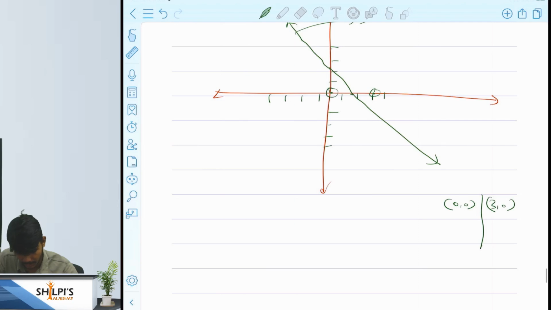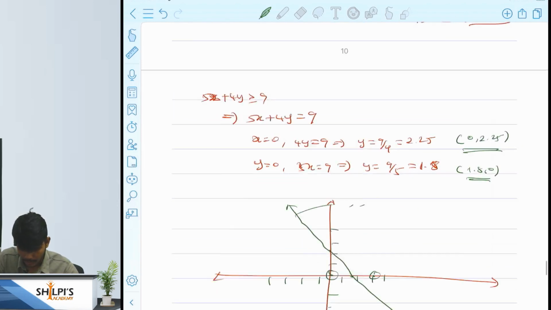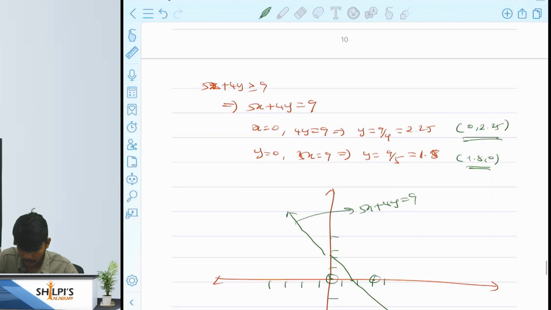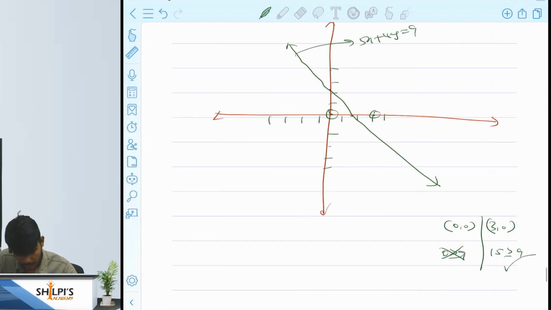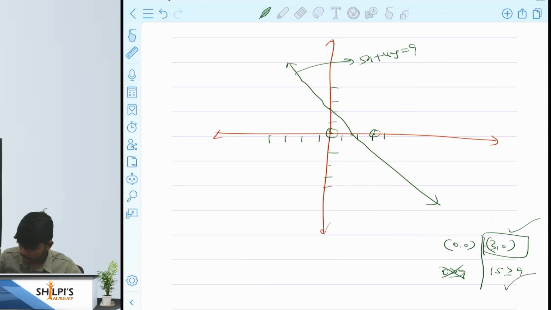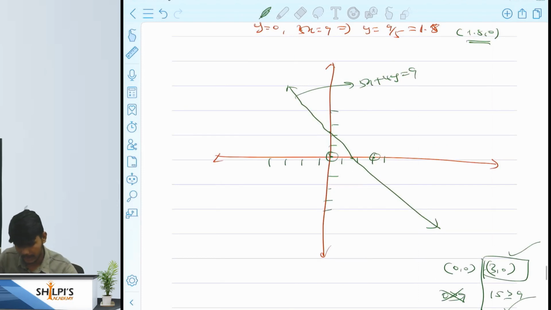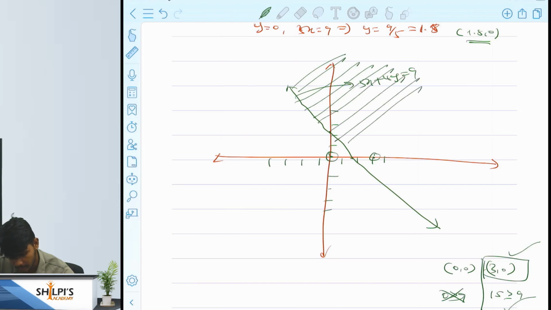So 0 is greater than 9? This is wrong. 0 is less than 9. Similarly, if I take 3 comma 0, 5 into 3 is 15, greater than 9. This is right. So 3 comma 0 is the point that satisfies my inequality. So I will shade the region where 3 comma 0 belongs.